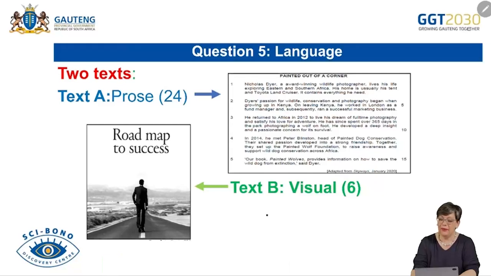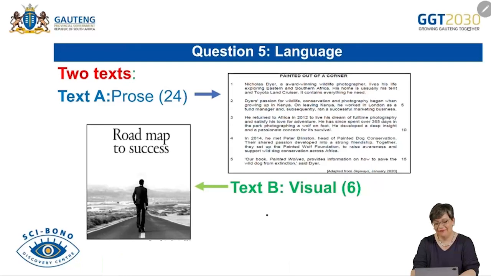Their shared passion developed into a strong friendship. Together, they set up the Painted Wolf Foundation to raise awareness and support wild dog conservation across Africa. Our book, Painted Wolves, provides information on how to save the wild dog from extinction, said Dyer. And this was adapted from Skyways, January 2020.